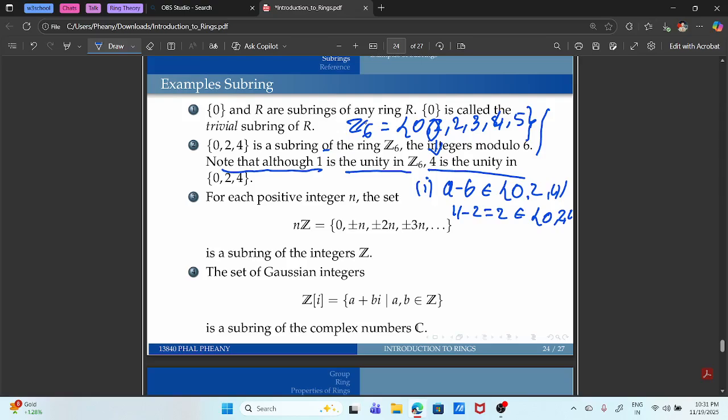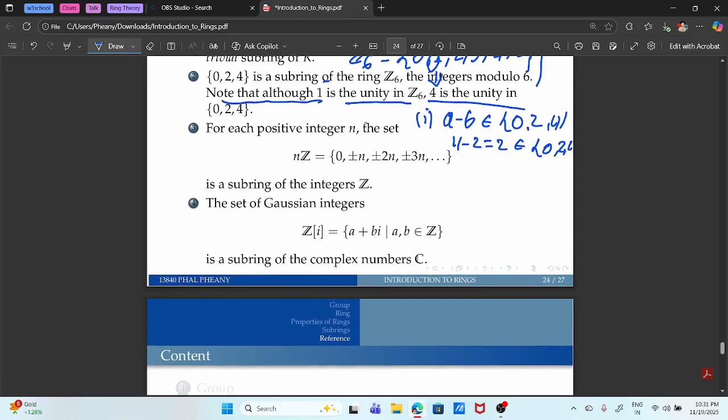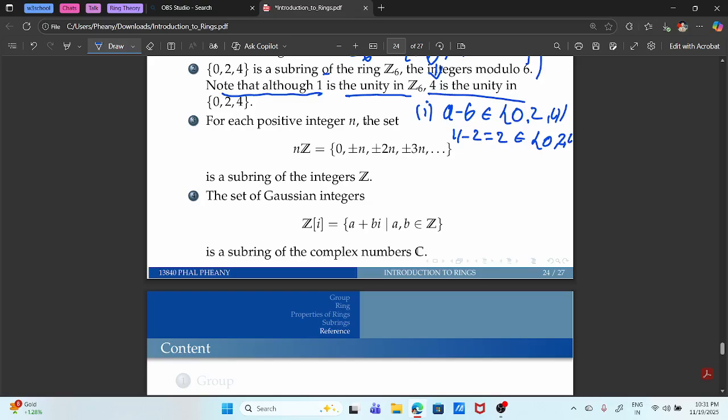Now 2 minus 0 equals 2, which belongs to {0, 2, 4} also.